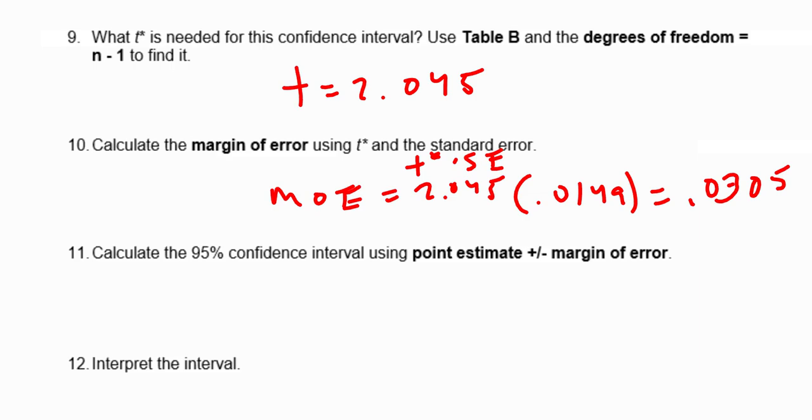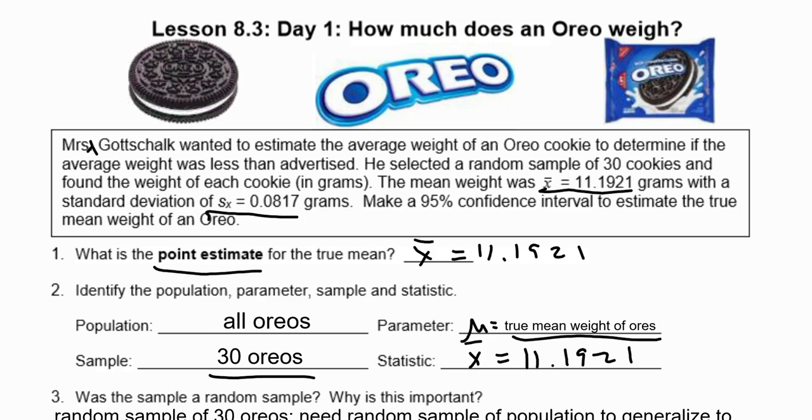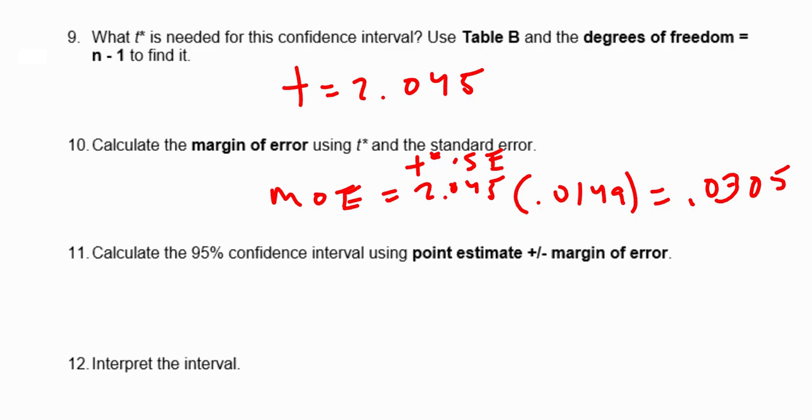So now, when we calculate the 95% confidence interval, well, we take our point estimate. If you recall what our point estimate was, going back, you probably have this already there. We have 11.1921. We take that point estimate, which is our mean, 11.1921, and we're going to plus or minus our margin of error, which is our critical value times our standard error.